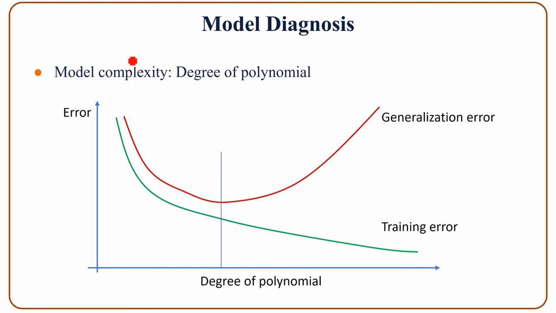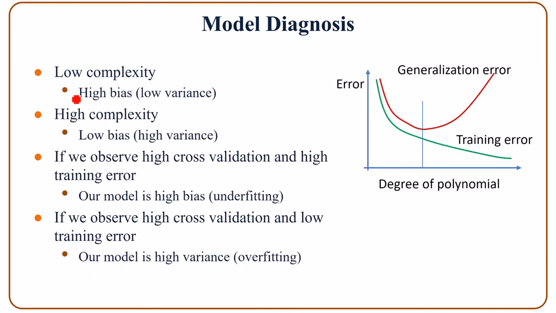And at some point, we have the lowest generalization error. After that point, the training error keeps decreasing, but the generalization error starts increasing. So this point is where we need to get our model. A model with low complexity would mean high bias and low variance, and vice versa.